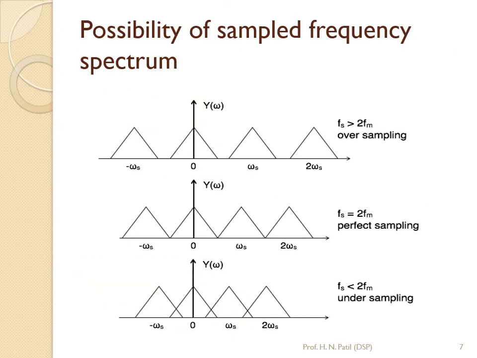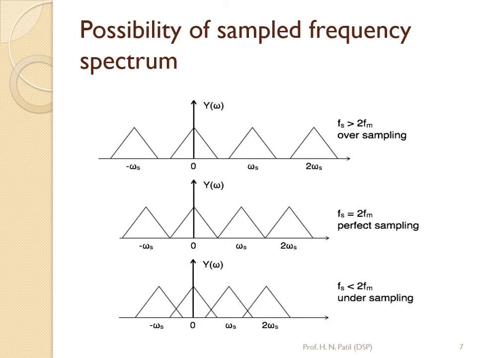Now just concentrate that we have taken the sampling frequency greater than twice fm. So there may be the possibility that fs can be greater than twice fm, or less than twice fm, or it may be equal to twice fm.